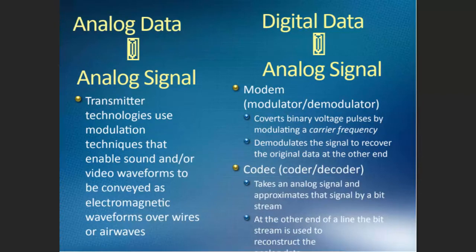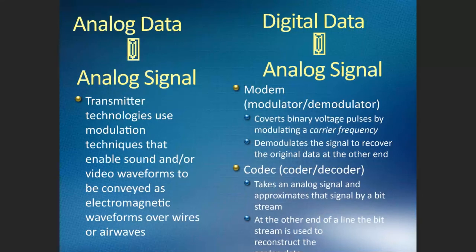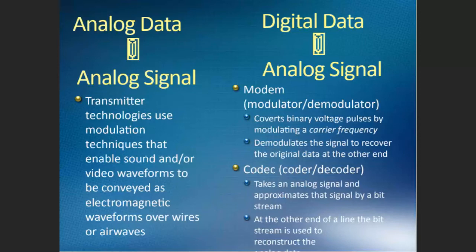Codec, which stands for coder decoder, takes an analog signal and approximates that signal by a bit stream. At the other end of the line, the bit stream is used to reconstruct the signal.